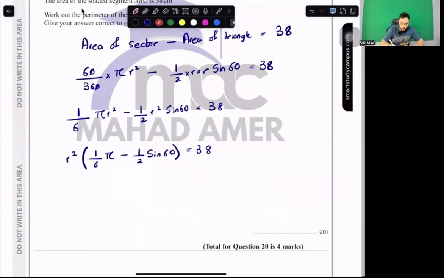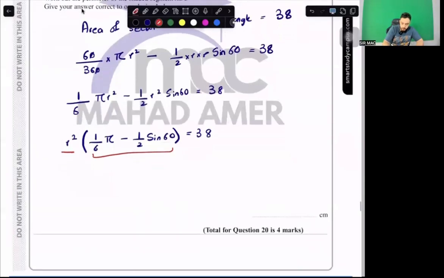Since r squared is the unknown, this whole bracket I'll just plug directly into the calculator: 1 over 6 pi minus 1 over 2 sine of 60. The value of this is 0.0905. So 0.0905 times r squared equals 38.